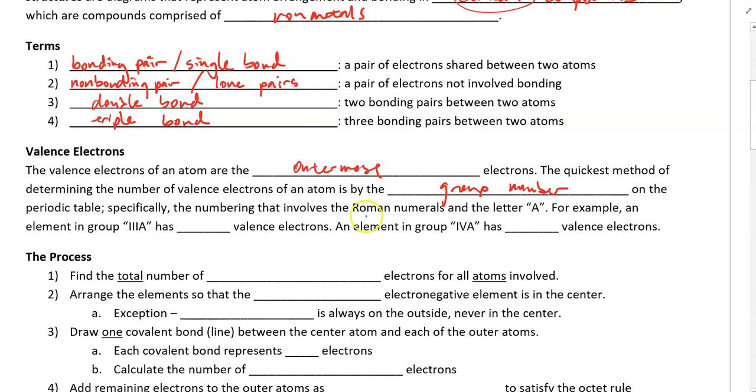Specifically, it's the numbering that involves the Roman numerals and that letter A. For example, an element in group 3A has 3 valence electrons. An element in group VIA, VI meaning 6, so group 6A, has 6 valence electrons.